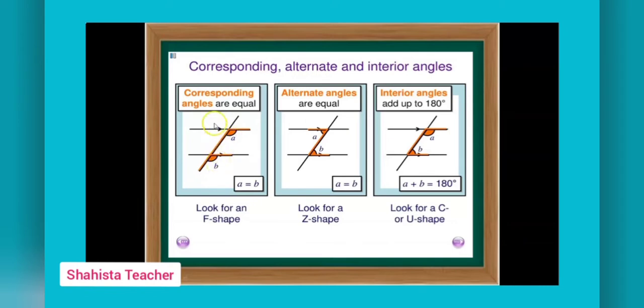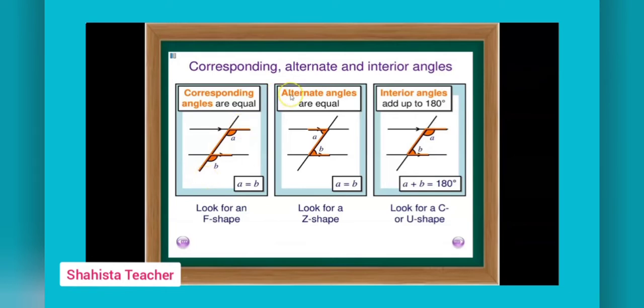That is why it says that corresponding angles are equal. You can see an F shape here. So A and B are corresponding to each other. Corresponding angles look like an F shape.